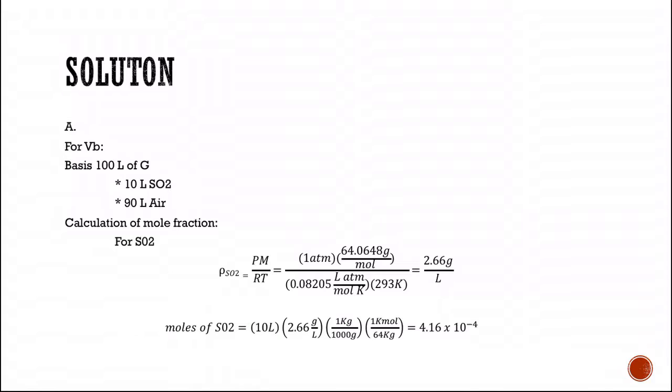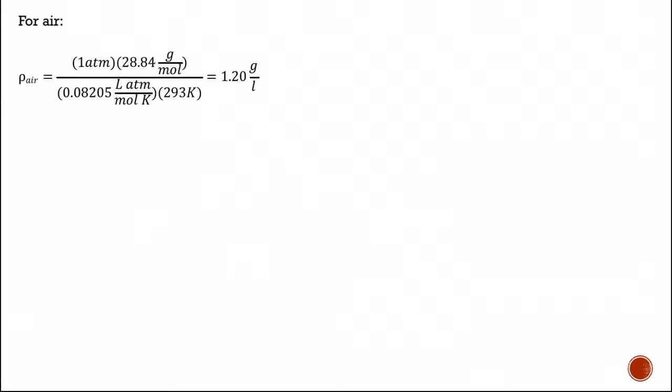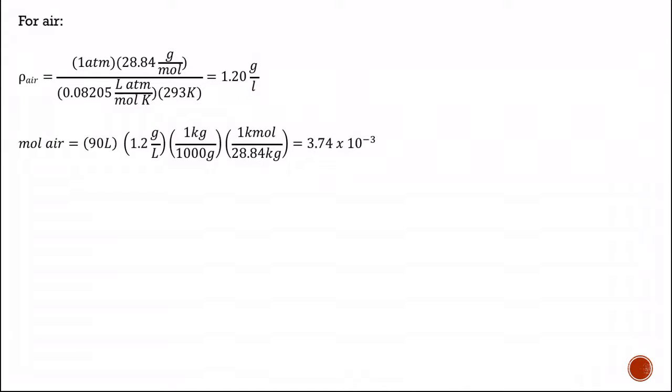Calculating now for moles of SO2, we get 4.16 times 10 to the negative 4. For air, calculating for its density, we get 1.20 grams per liter. And for the moles of air, we get 3.74 times 10 to the negative 3.